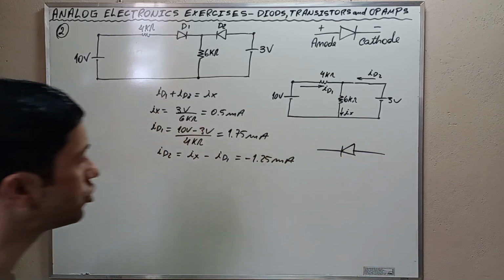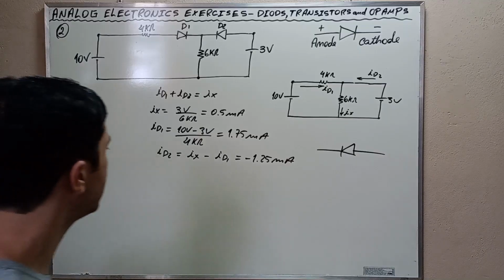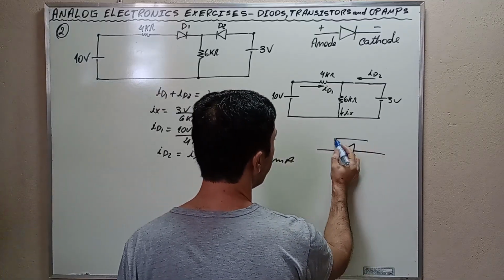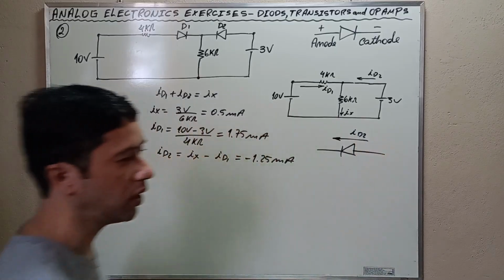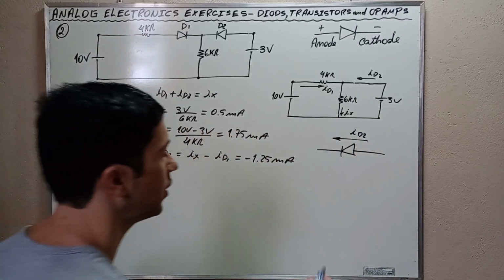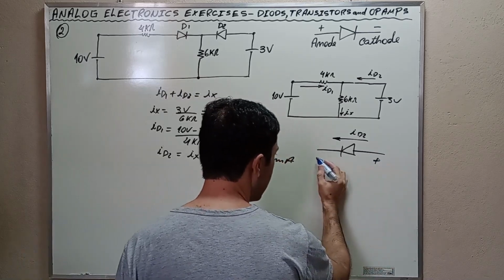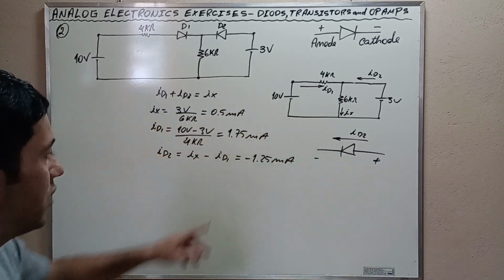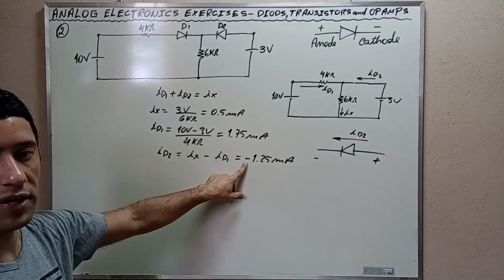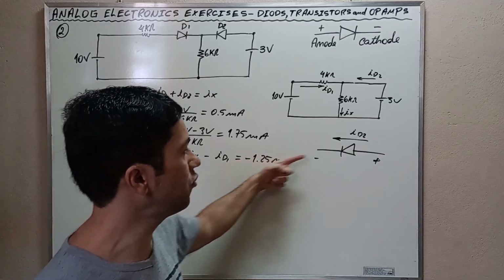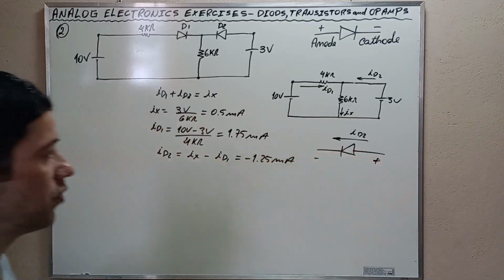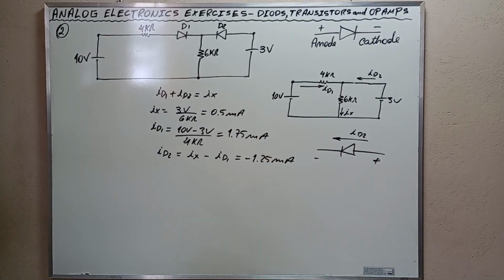We are supposing that ID2 is flowing in the normal direction from the anode to the cathode. But as we discovered here, there is a negative sign, which means that in reality the current is flowing in the opposite direction from cathode to anode, which is inconsistent with the assumption that the diode is on.